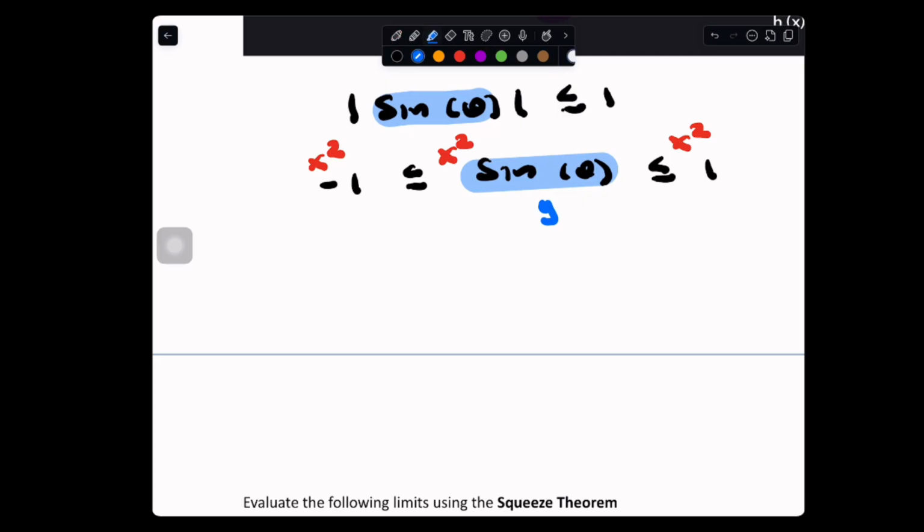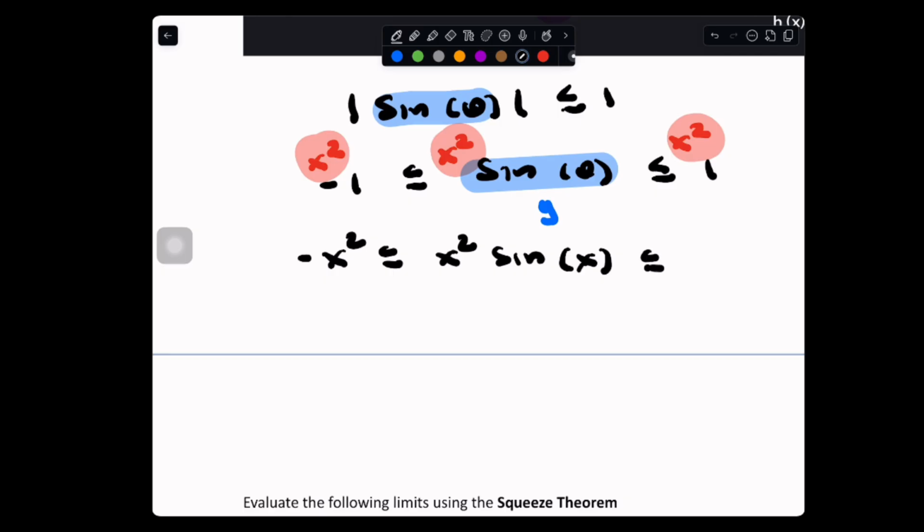X squared is positive. X could be positive or negative. And what I'm saying here is you're just not letting x be 0, but the point is negative x squared is less than or equal to x squared. I'm going to change that from sine theta, but just say sine x, because it doesn't matter if it's sine theta or sine x.